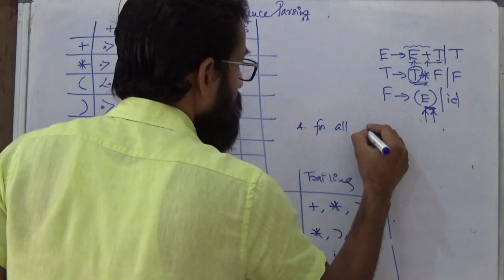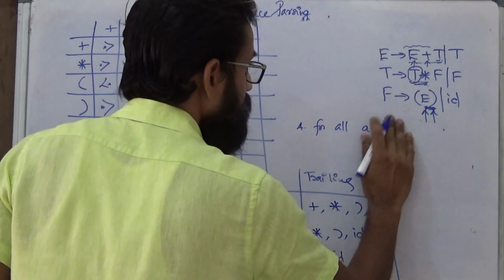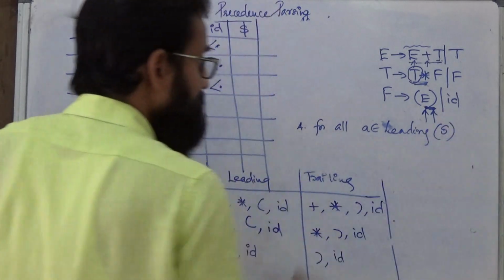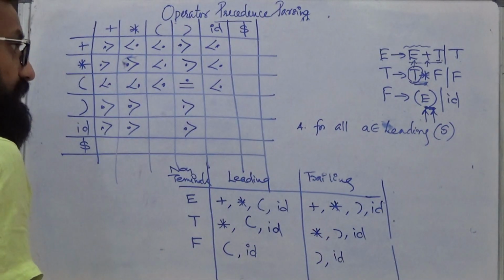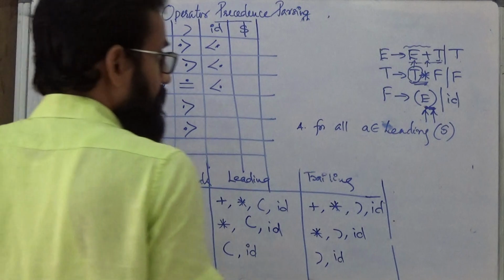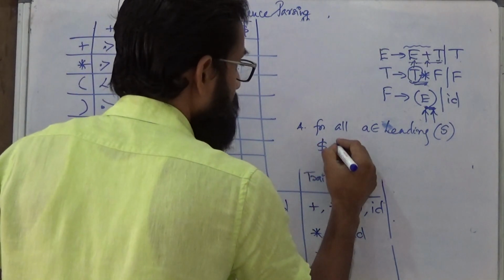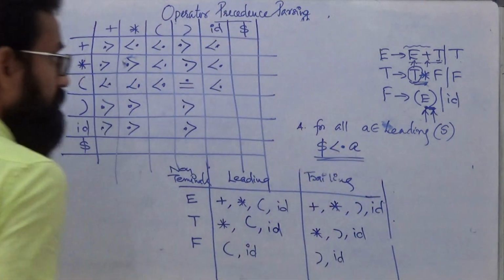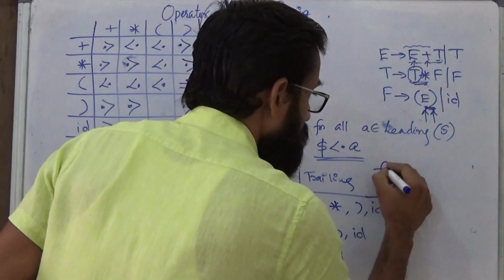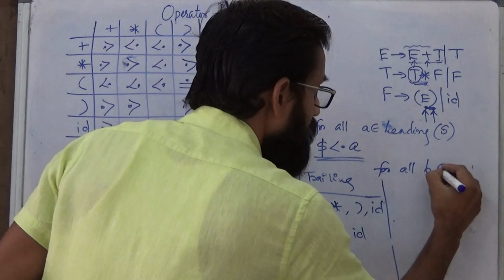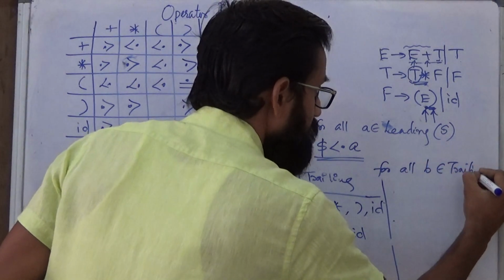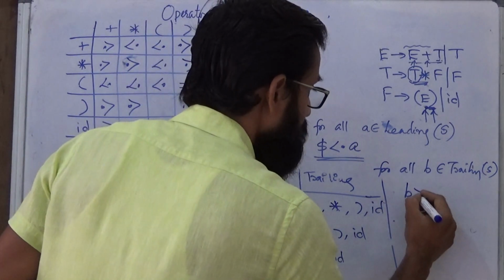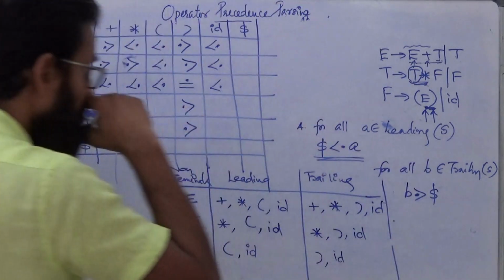For all A belonging to leading of S, where S is the start symbol, you can say that dollar is having lesser precedence as compared to A. And for all B belonging to trailing of S, B is having greater precedence as compared to dollar.